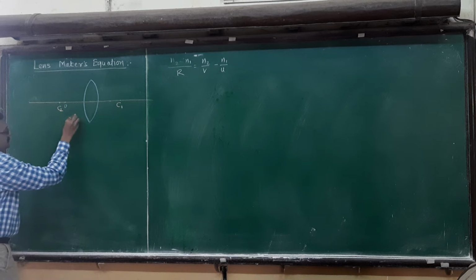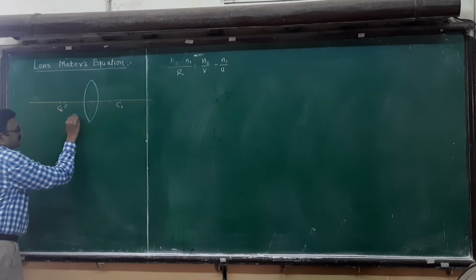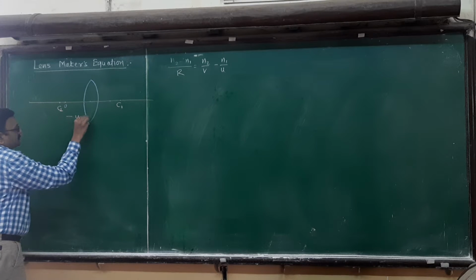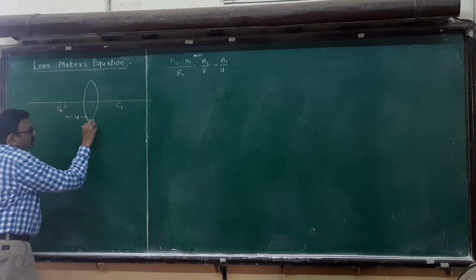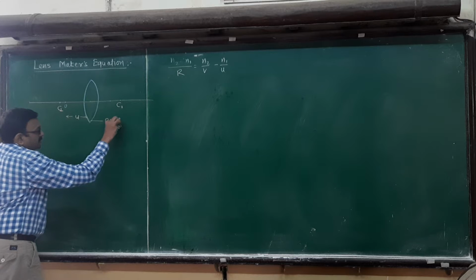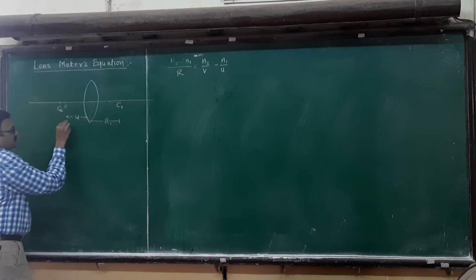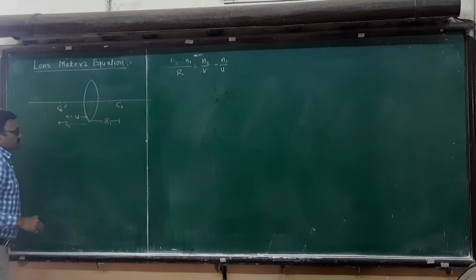That distance is termed the object distance, which is represented by the symbol u. Here R1 is the radius of the first curved surface, and R2 is the radius of the second curved surface.